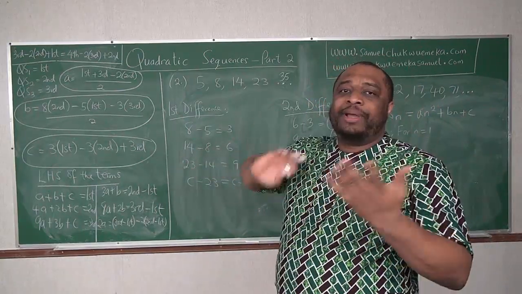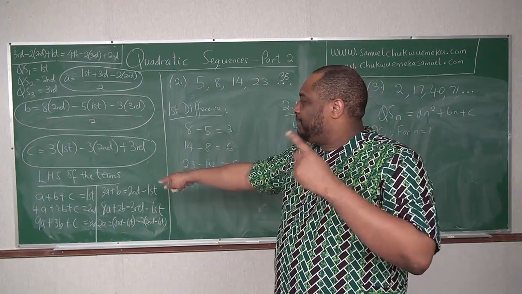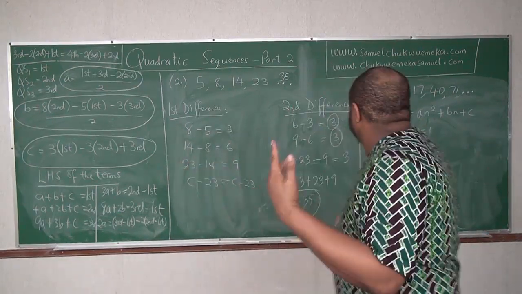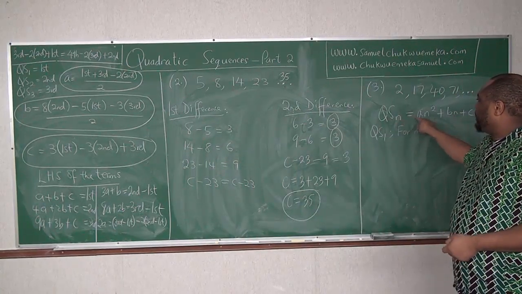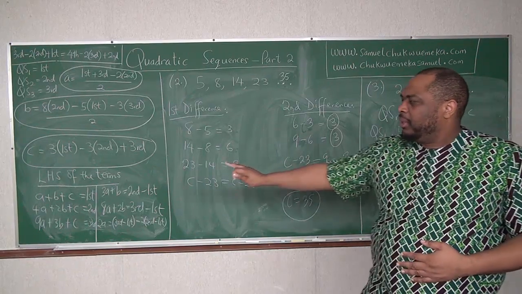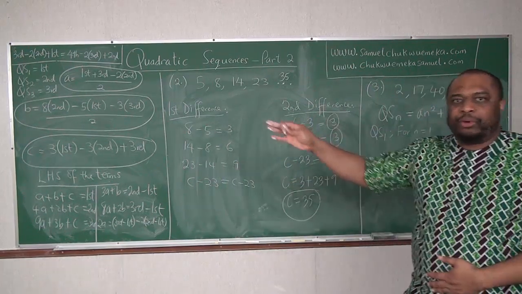A plus B plus C will give us the first term. For A plus 2B, just substitute when n is equal to 1.